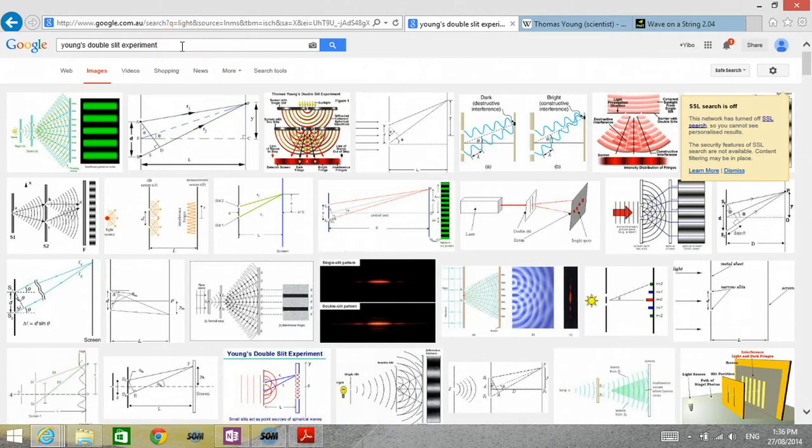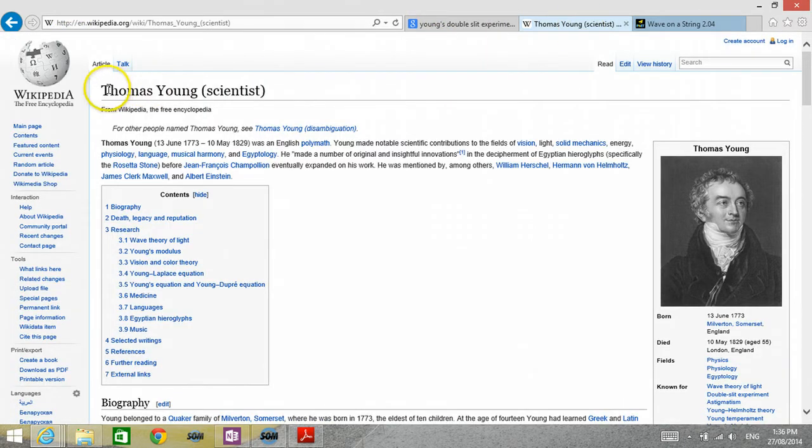Now we are going to talk about Young's double slit experiment. We talked about this before. Light sometimes behaves like waves. Thomas Young is the scientist who proved that.